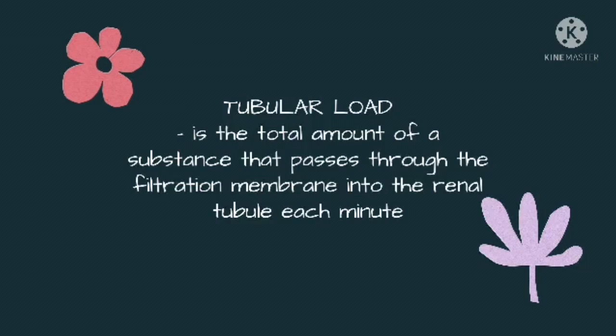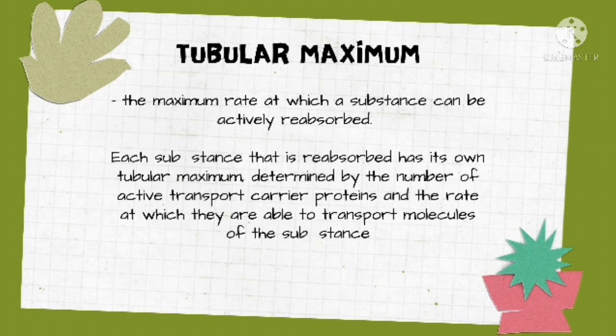But the tubule's capacity to actively transport glucose across the epithelium of the tubule is limited. So if the tubular load is greater than the tubule's capacity to reabsorb it, the excess glucose remains in the urine.